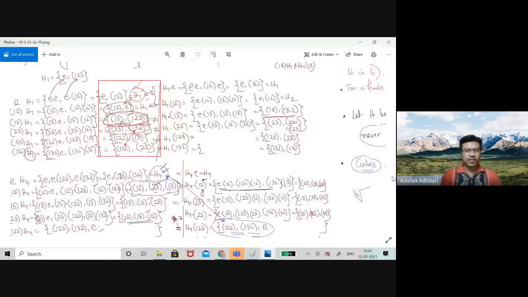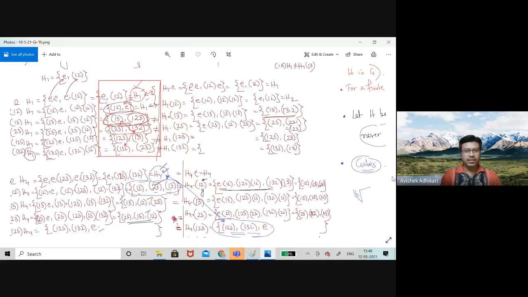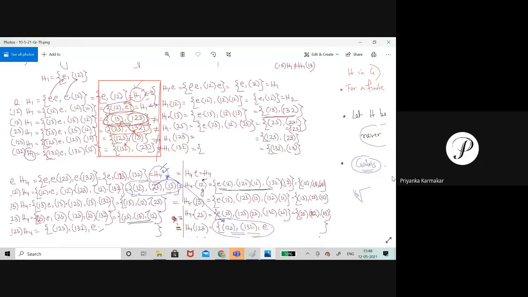So this H is {e, (1 2)}. Then (1 3)H equals (1 2 3)H. (1 3)H is basically (1 2)(1 2 3), the same as (1 2 3)H. If we consider A to be (1 3) and B to be (1 2 3), then AB inverse is coming to be (3 2), which isn't in H. Very good.